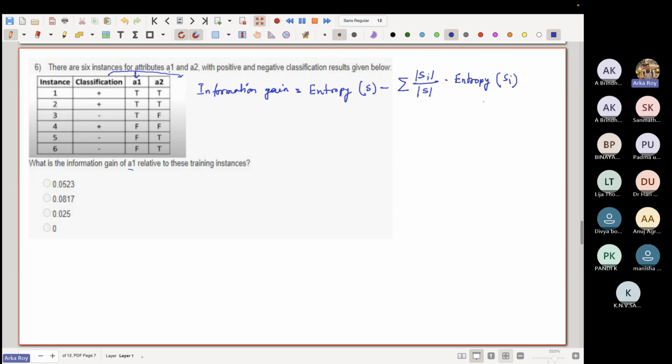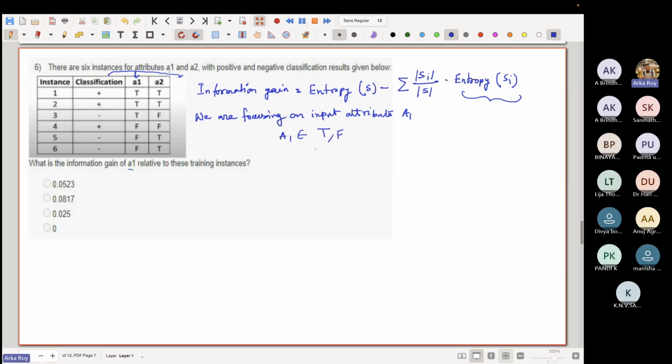Let me start with the entropy of Si. What is meant by entropy of Si? We are focusing on the input attribute A1, and A1 contains two subcategorical values, either true or false.